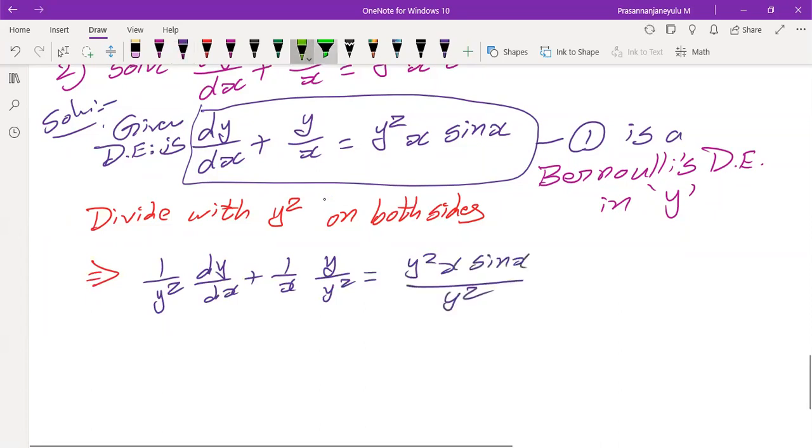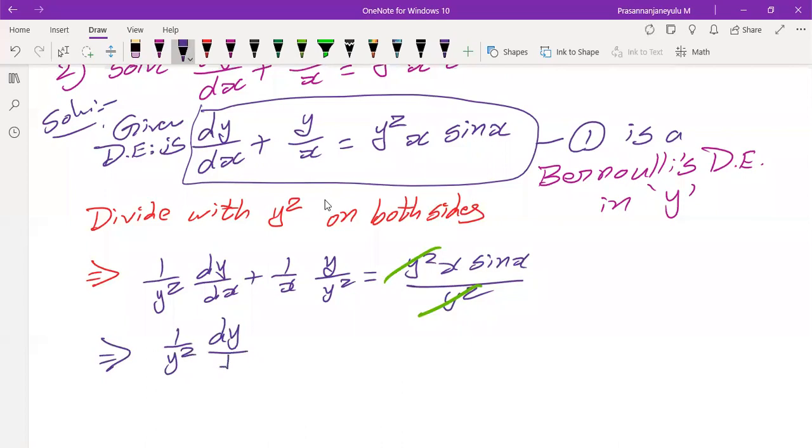Right hand side y square gets cancelled. Then the simplification is 1 by y square into dy by dx plus 1 by x into 1 by y is equals to x into sine x. Taking it as equation number 2.